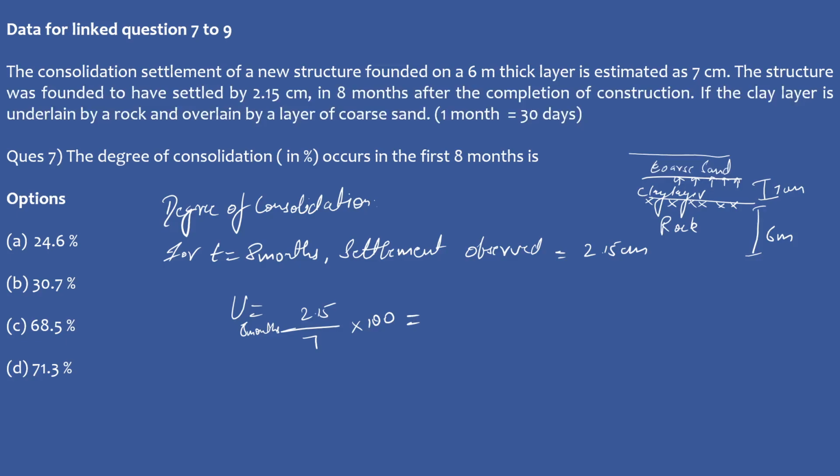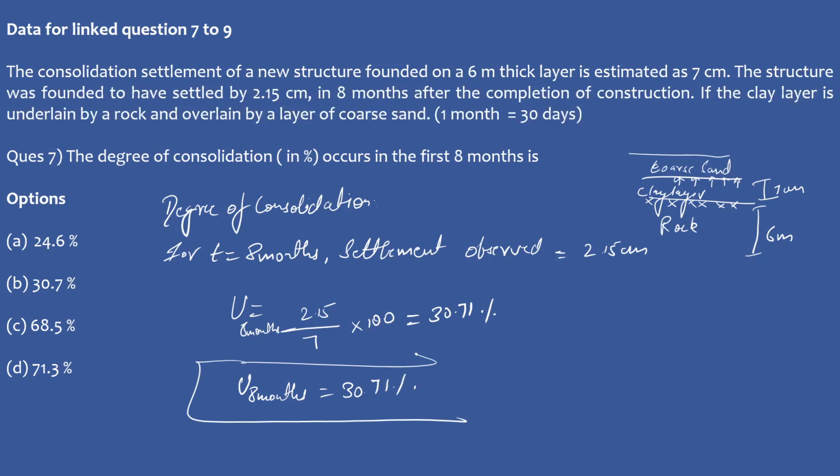So the corresponding answer is 2.15 divided by 7 into 100, which is 30.71%. So the degree of consolidation which occurs in the first 8 months is 30.7%.